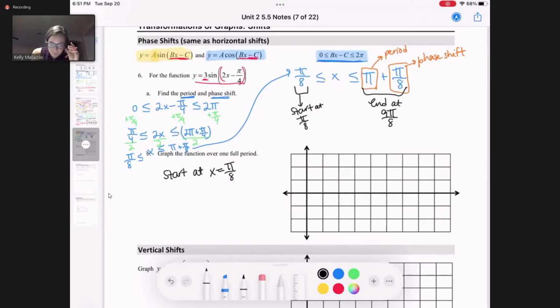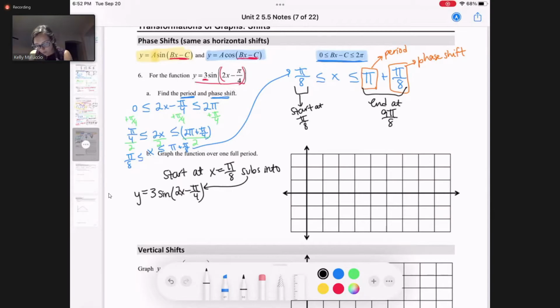That's why I thought that. So 2 times pi over 8 is pi over 4, and that's why when we plug that back into here, remember, you have y equals 3 sine of 2x minus pi over 4, right? So substituting into this, I get 0.